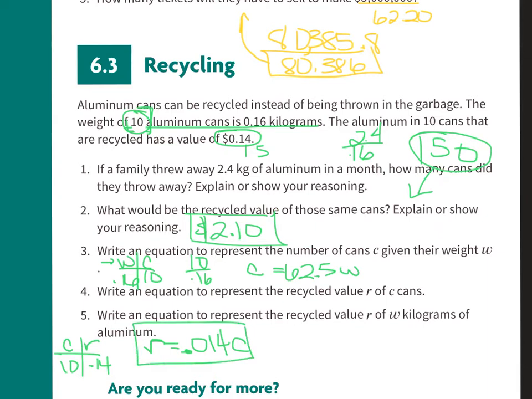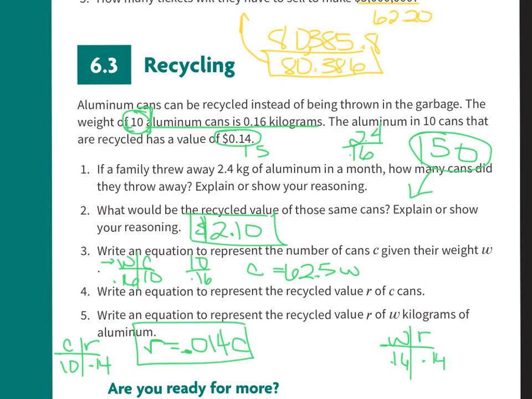And then number 5, write an equation to represent the recycled value R of W. So W comes first, R comes second. So the weight is 0.16, and the value is 0.14.